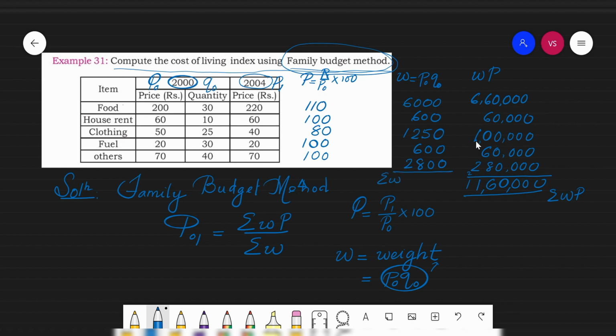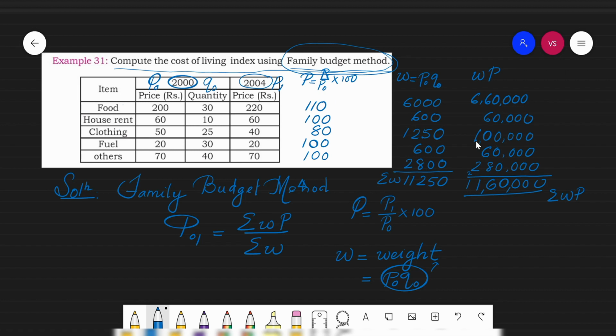Then what would be summation W? Summation W would be 6,000 plus 600 plus 1,250 plus 600 plus 2,800, which is equal to 11,250.